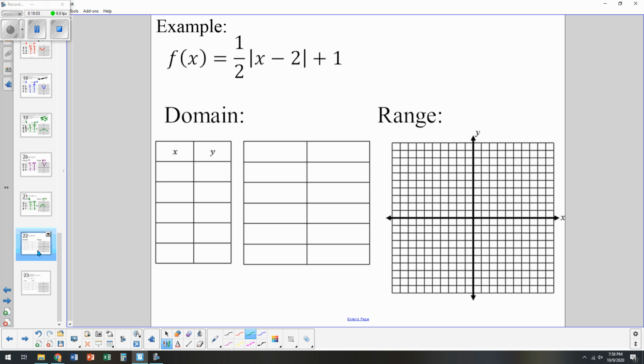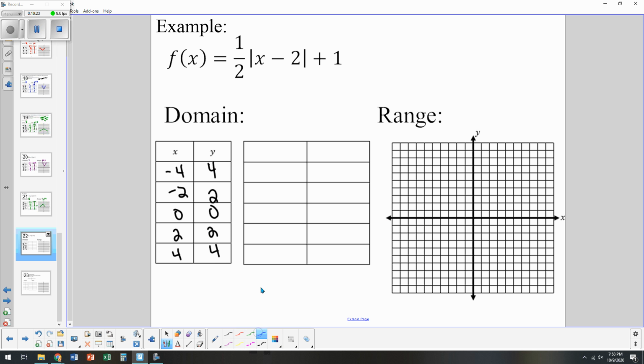One more together, and then you guys will try the last one. So now I have a 1/2 outside. So again, I'm going to pick numbers that are divisible by 2. So I'm going to go negative 4, negative 2, 0, 2, 4. You could still do this if you chose your original numbers, you're just going to have to graph some decimals.